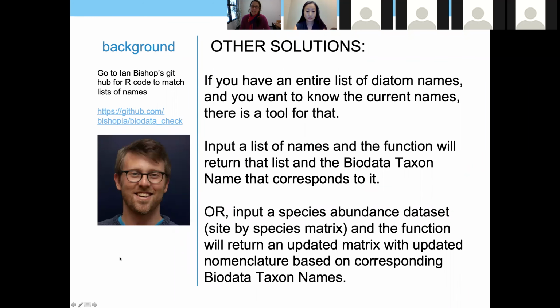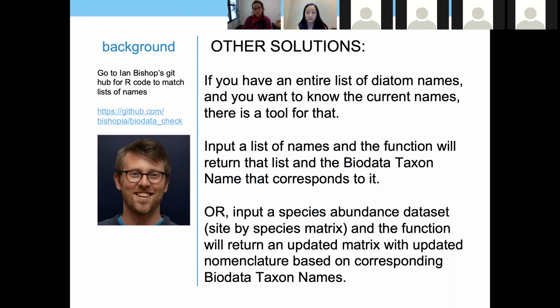And if you have an entire list of names from a while ago, from one study that was 10 years ago and one study that was 5 years ago, and you want to make sure that they're coherent, there's a tool to allow you to do that. You can input a list of names, and a function that Ian Bishop wrote using R code will return that list and the USGS BioData taxon name that is current.